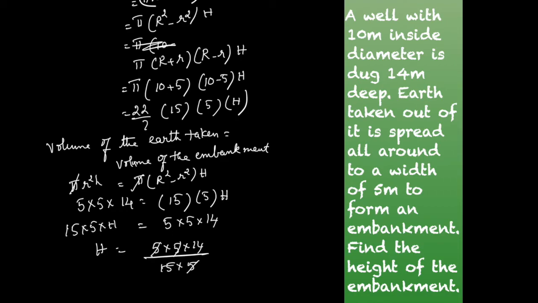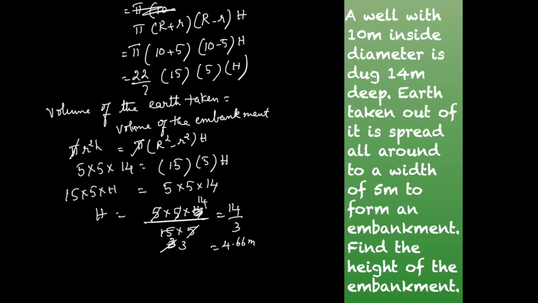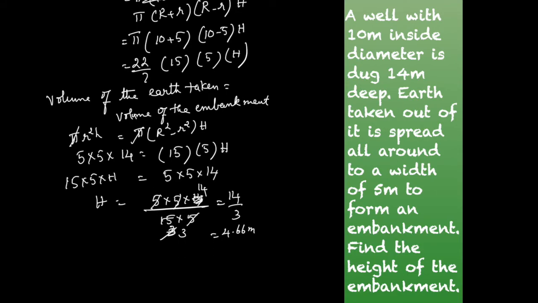5 cancels, 5 threes are 15. Then if you simplify, no need to do more and you can keep it as 14 by 3. By simplifying, we get 4.66 meter. Here we have not substituted any value for pi, either 3.14 or 22 by 7, with no calculation and no multiplication. By simple elimination, cancelling the numbers, we made the sum very simple.